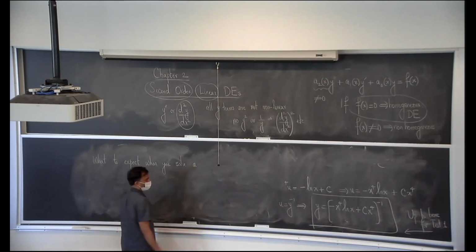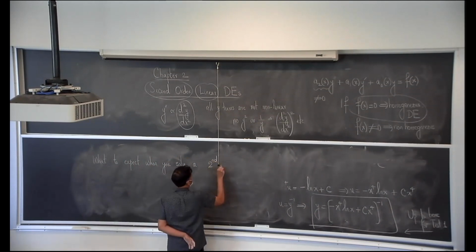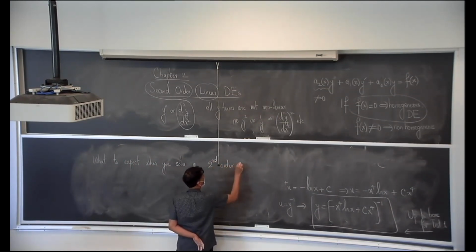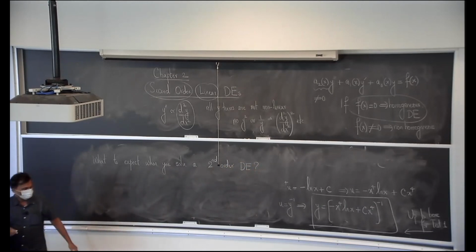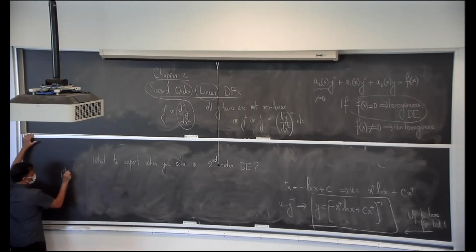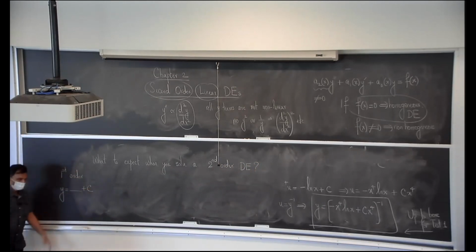You solve a second order differential equation in general. Remember that when you did the first order differential equation, you had one constant. Chapter 1, all the solutions look like y equal to something plus c.